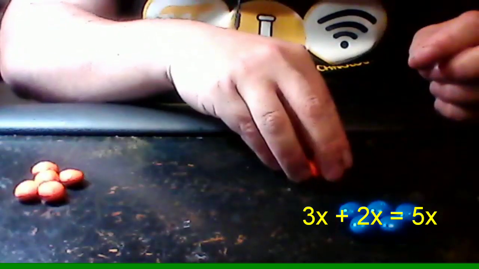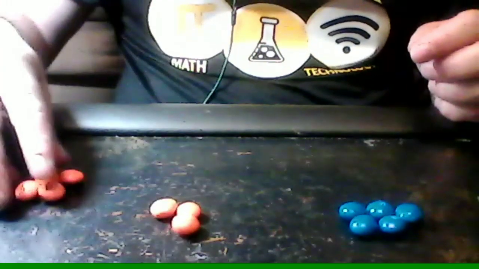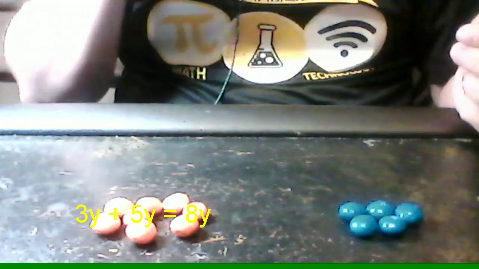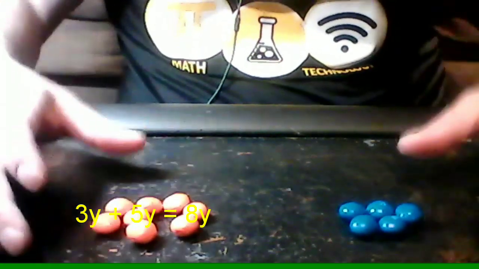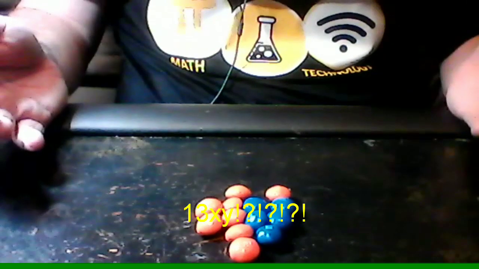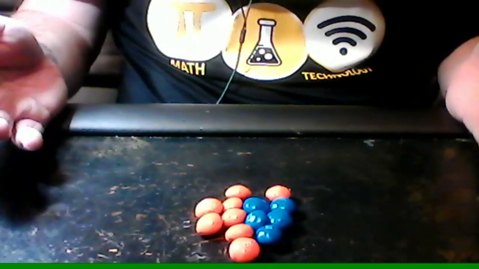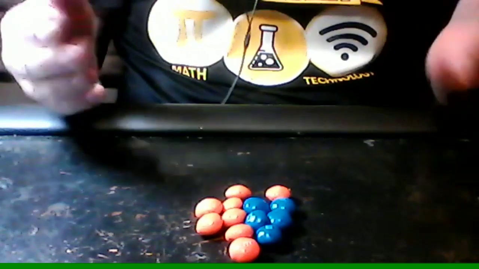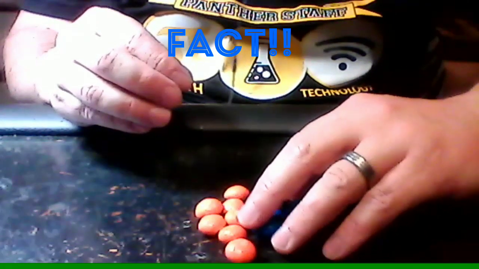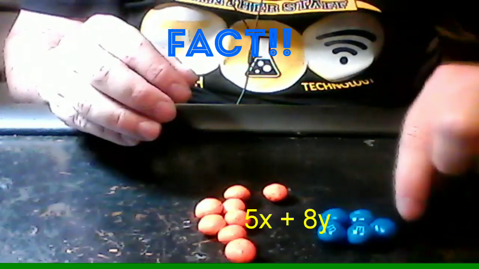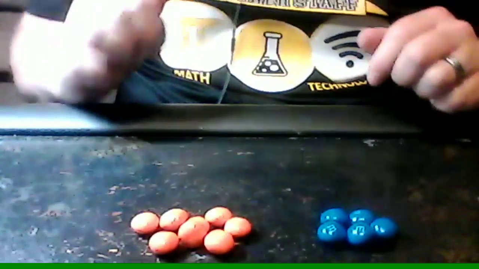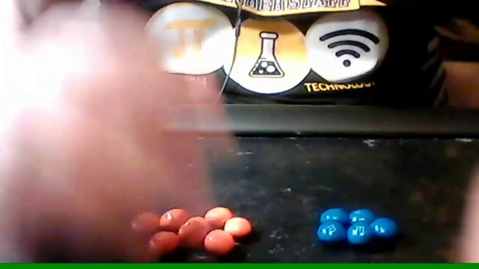And if I take my 3Y and add my 5Y, now I have 8Y, right? Can I put all these together and say that I have 13XY? No, because again, the blue M&Ms taste different from the oranges, so you want to eat them separately. So I have 5X plus I have 8Y. Get it? Good.